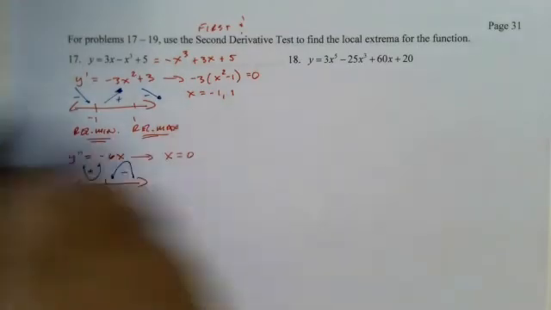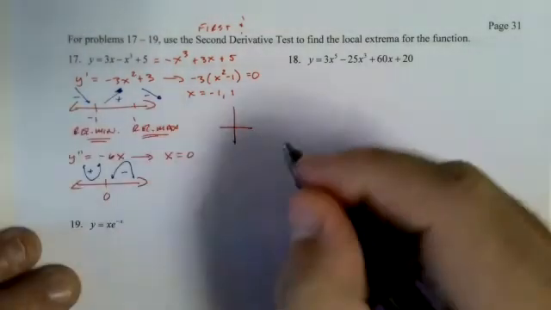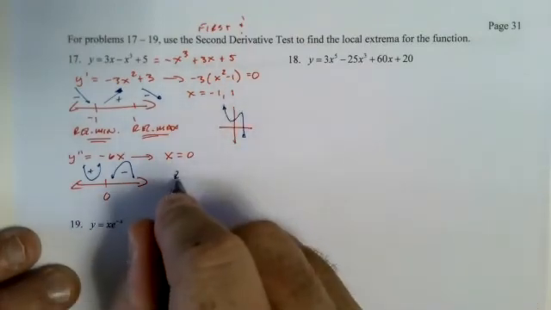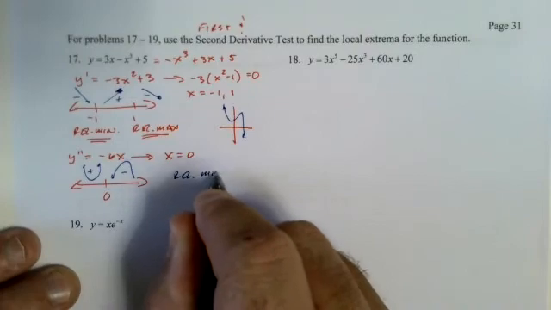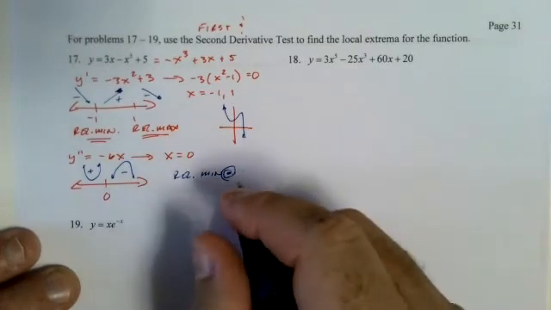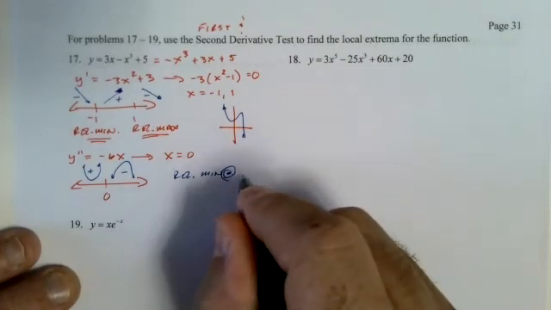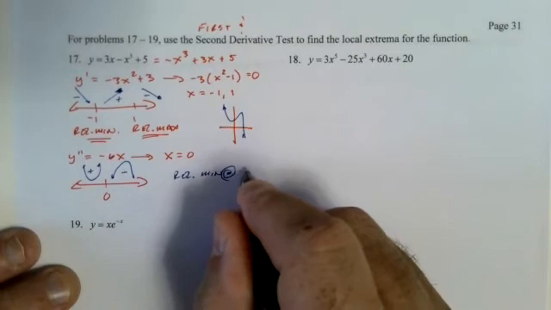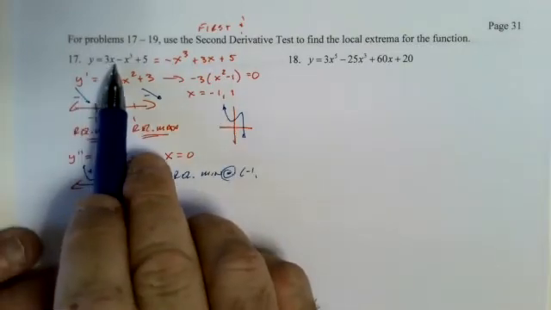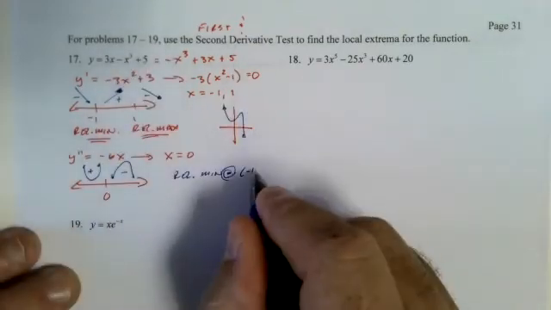And by the way, let's take a quick look at the graph. Something like this. Relative min at, that was weird, maybe 1 comma 3.